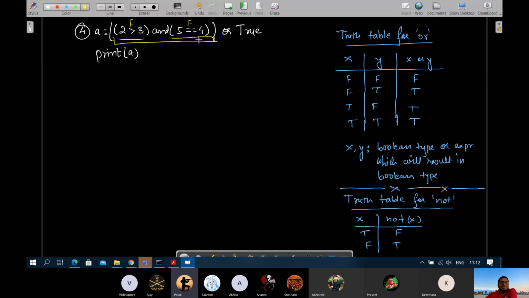False and false is false. Now what has your expression reduced to? False or true. This full expression resulted in false, and then you have or true. So false or true will give you true.